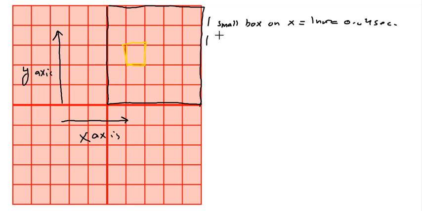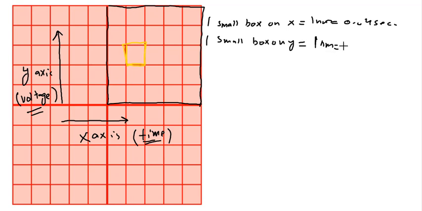One small box on y is again 1 mm, but on the y-axis we have voltage and on the x-axis we have time. So on the y-axis one small box is 1 mm, but 0.1 millivolt.